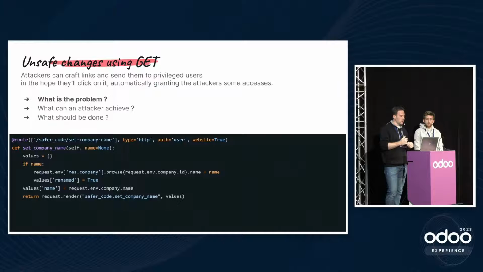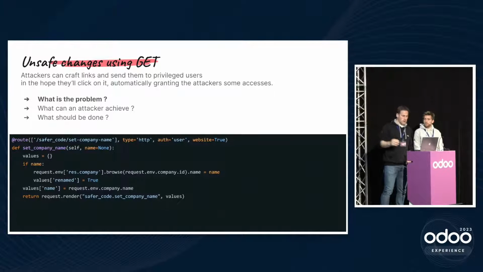So here is an example of a problem that could come if you don't respect these conventions. We have an example of a route that is exposed. You see the name of the route. The type is HTTP. This is important because those are the kind of routes that can be targeted by such an attack.